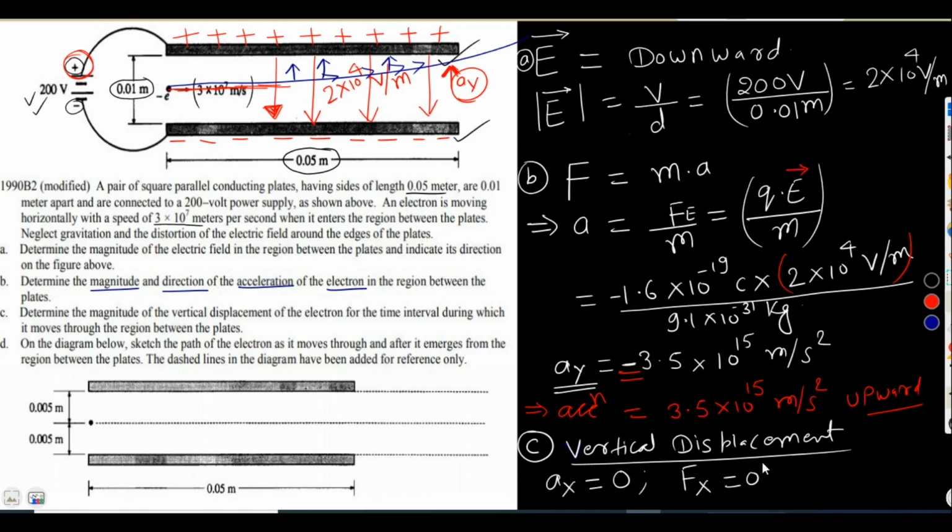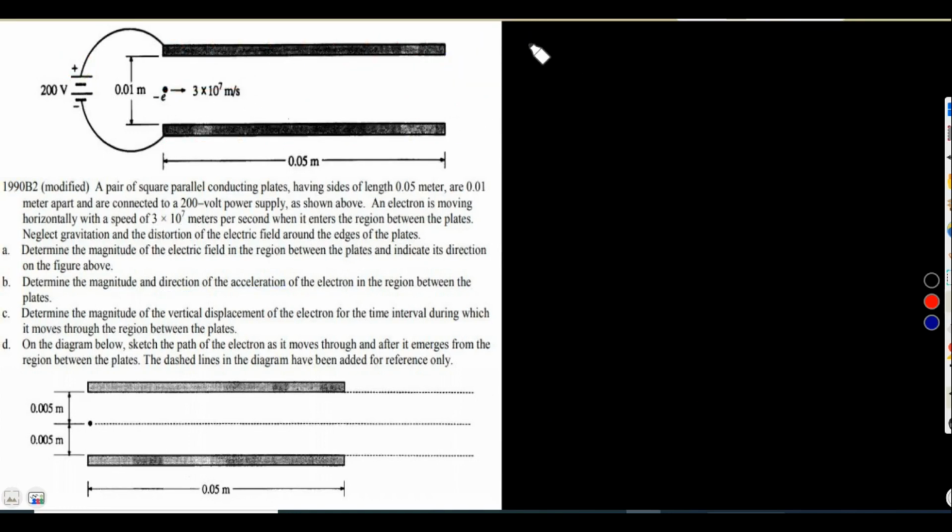There is no force in the x direction, so there will be no acceleration in the x direction. So we can calculate it. Since Fx is equal to 0, hence ax will be equal to 0.